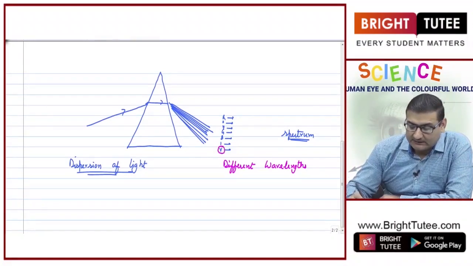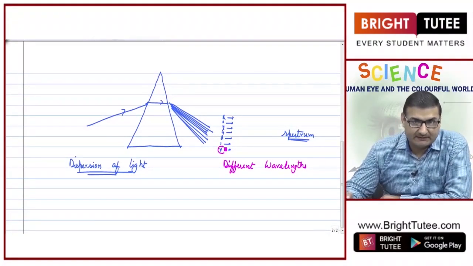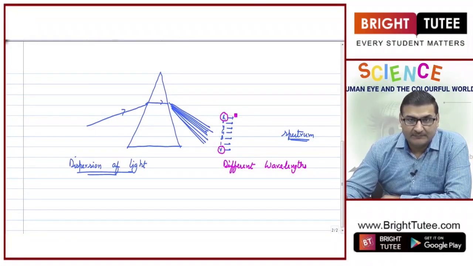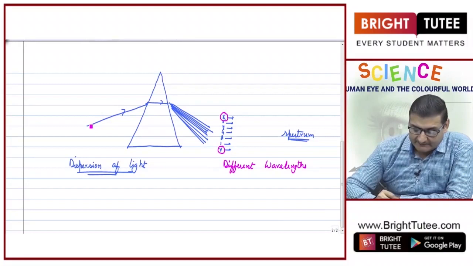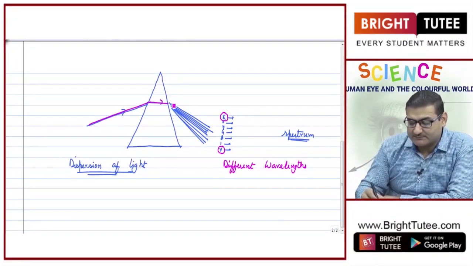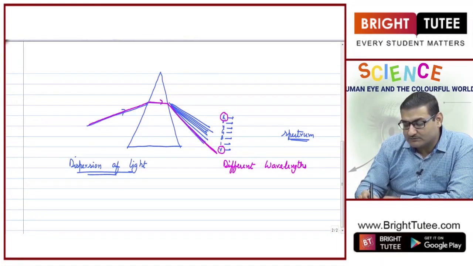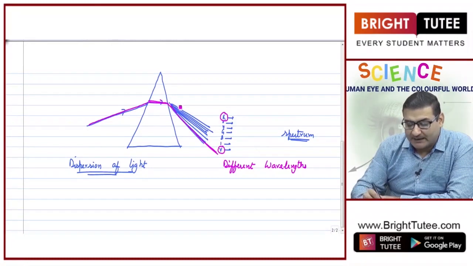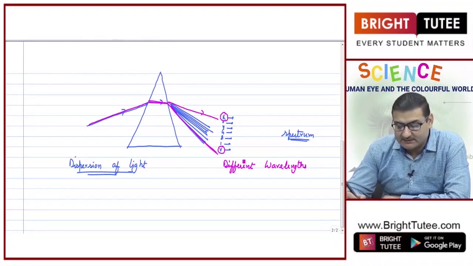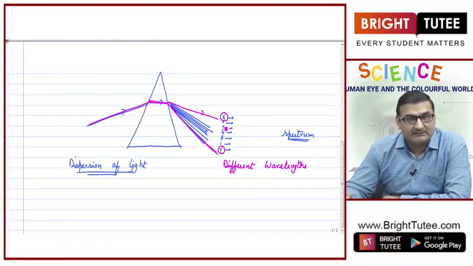The violet color has the least wavelength, the red color has the maximum wavelength, and as we can see, if this was the white light coming from here and after passing through the prism, the violet color is bending the most from its actual path and the red color is bending the least because of its longer wavelength. So, that is the reason why we get these 7 colors.